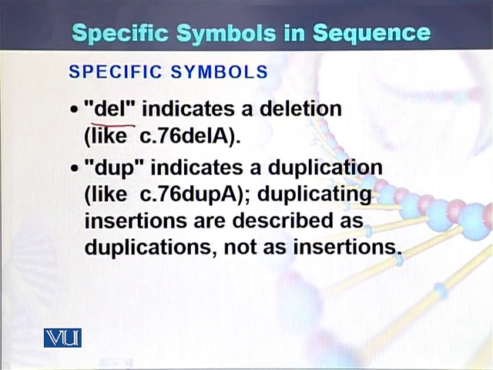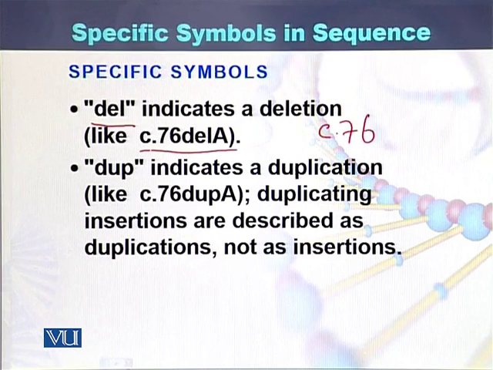If there is deletion of a single nucleotide, then just write delA. In this case c.76 is the position of adenine. Adenine which was present at position 76 has been deleted. So we will write c.76delA, with A for adenine.